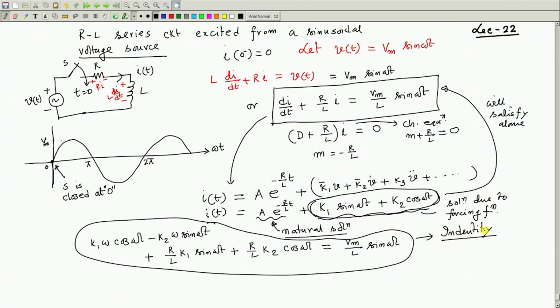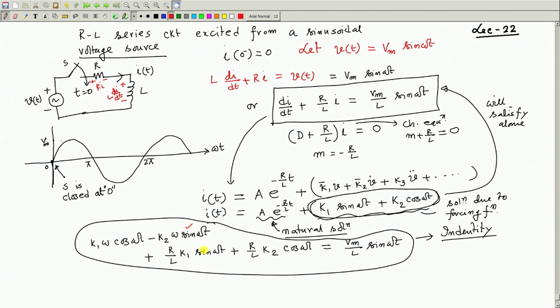Therefore, the coefficient of sin omega t on both sides will be equal. So, what is the coefficient of sin omega t on both sides? The sin omega t terms are here.